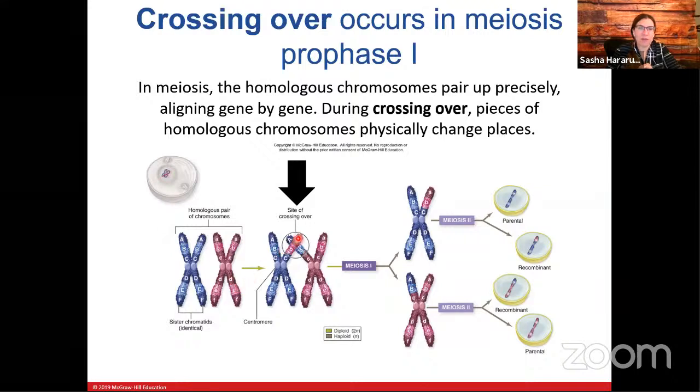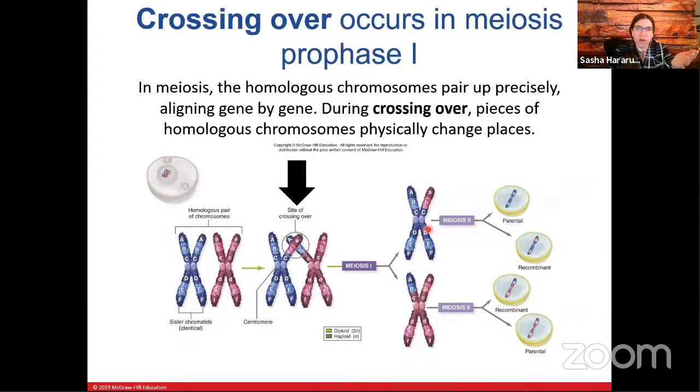And the chromosomes can literally cross over, hence the name of the process, and exchange the alleles of the genes that are located in that particular locus. So as a result, we still have 2 homologous chromosomes, but they are not uniquely inherited from the mother or the father anymore.